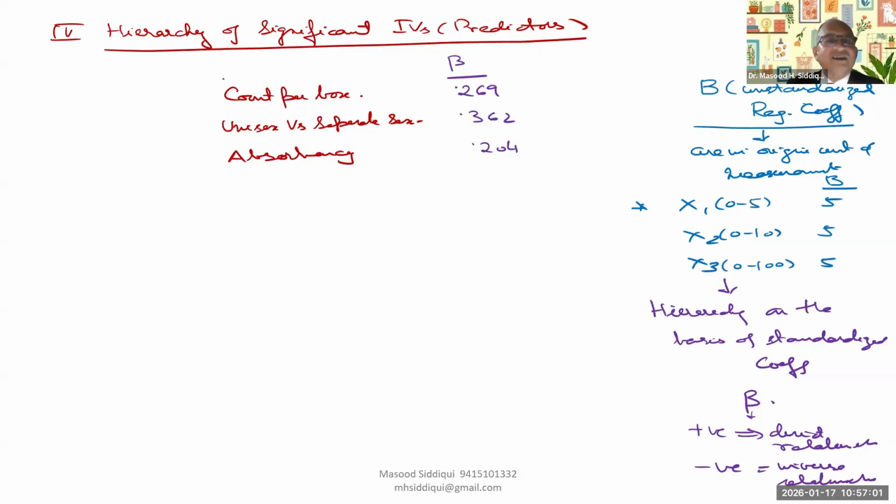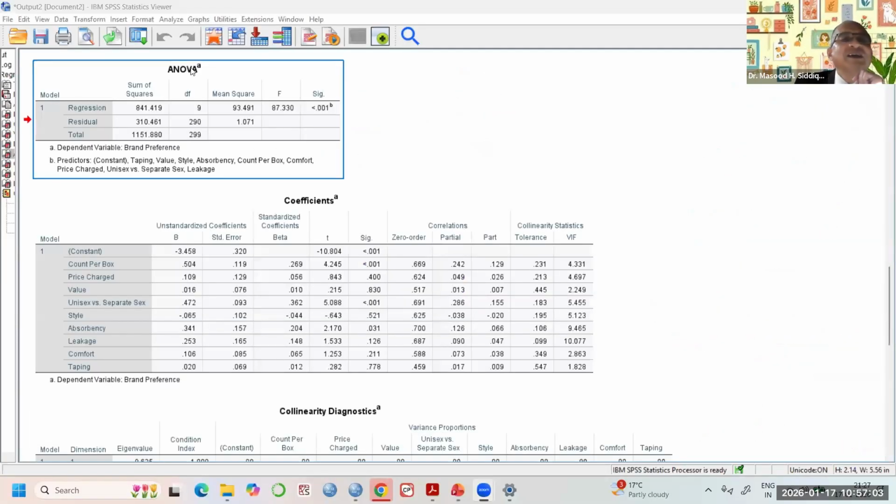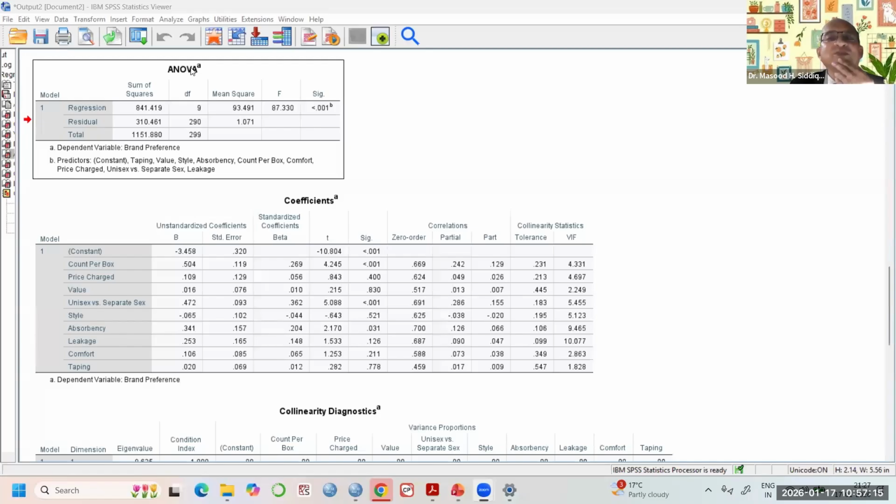Now you see that the three values that we are discussing here are these three. So the significant predictors are count per box, the other one is unisex versus separate sex, and the other one is absorbency.